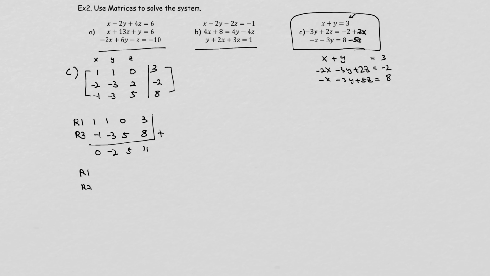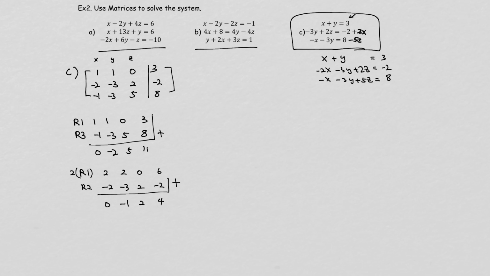Row 2 is -2, so I will multiply 2 to row 1 to make it opposite, right? So that will be 2, 1 times 2 is 2, 1 times 2 is 2, 0, and 6. Row 2 itself is -2, -3, 2, and -2. Add them up, I will get 0, -1, 2, and that will be 4, right?